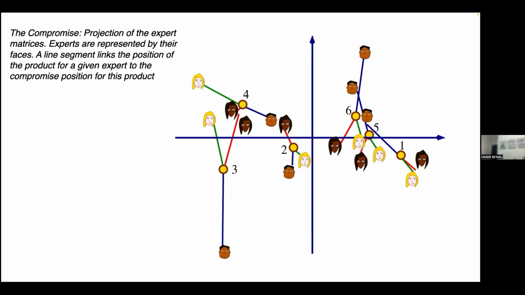We see also how, I just represent this between this individual, I link it to product 6. The same individual to product 5, the same individual to product 1.